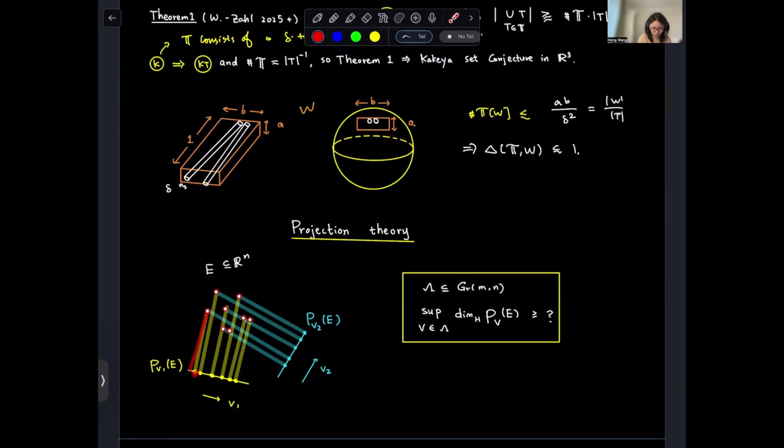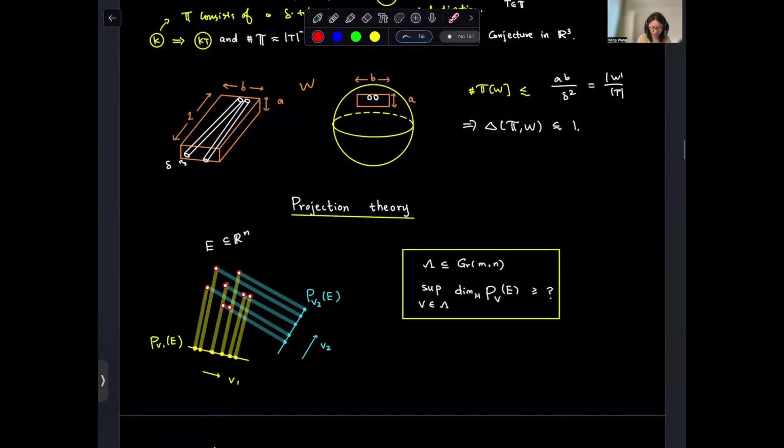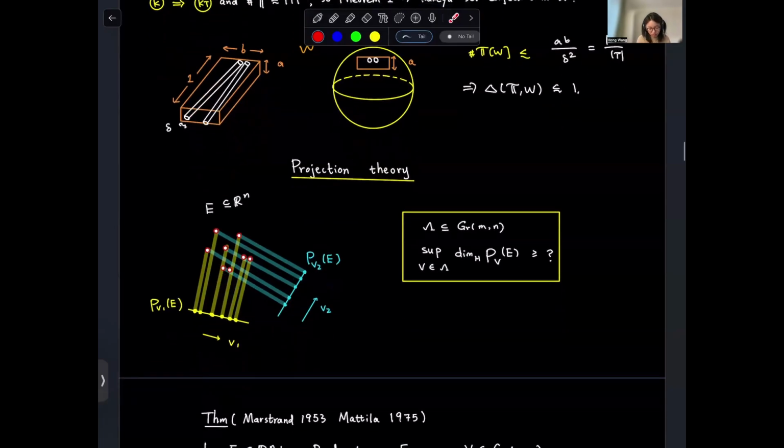Here the orthogonal projection image is this yellow point, and the subspace is this blue point. We want to show that at least for one subspace, the orthogonal projection has large dimension.